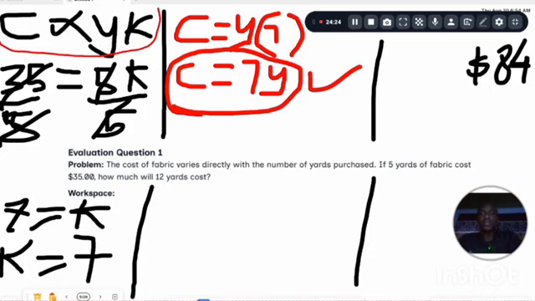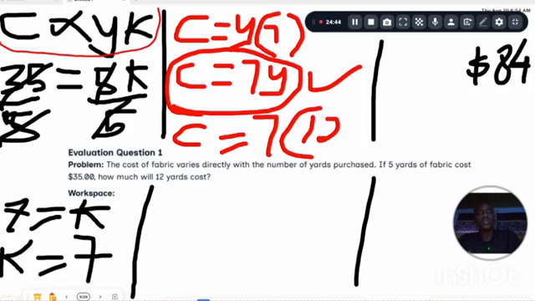If 5 yards of fabric cost $35, how much will 12 yards cost? Now we need the cost of 12 yards. So I will say C equals 7, open bracket, the number of yards now is 12.